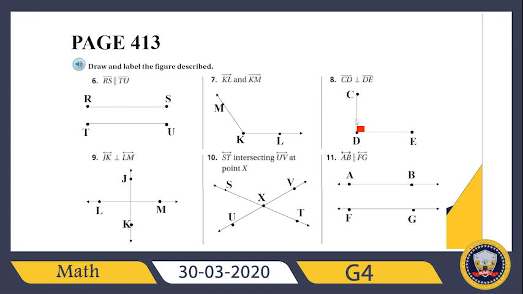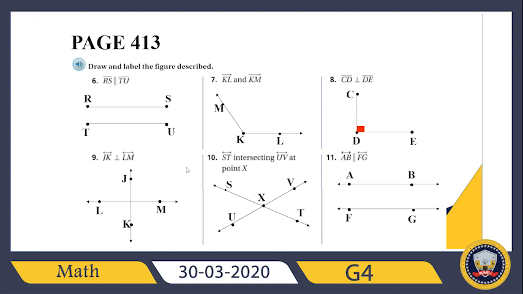I draw a line segment like this because I know a line segment has two endpoints. If CD is like this, how can I draw DE to make it perpendicular to line segment CD? I can draw DE like this because it should be a right angle if I want to make them perpendicular. So if DE is like this, CD will be like this.